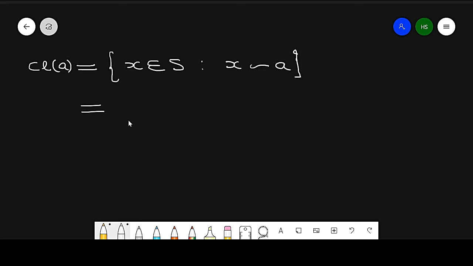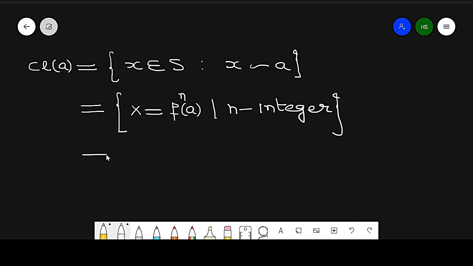This can be written, by definition, as: what is x? x is equal to f raised to the power n of a, where n is an integer.